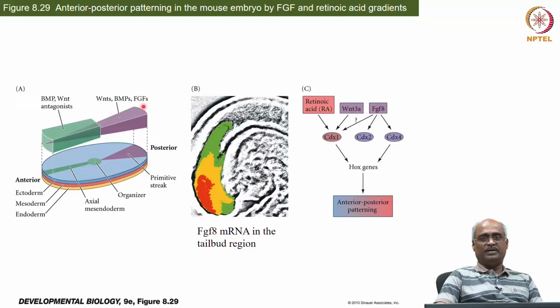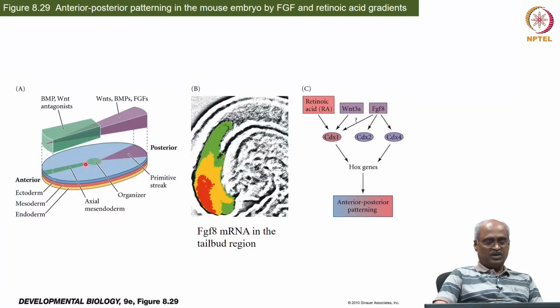So FGF we already saw, and then I also told you the chordin and noggin are antagonists of BMP. So as a result, these molecules are concentrated in the posterior. So FGF mRNA transcribed here gets degraded as it moves anteriorly, forming a posterior to anterior gradient.